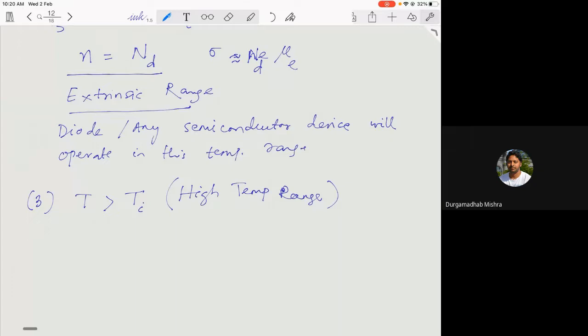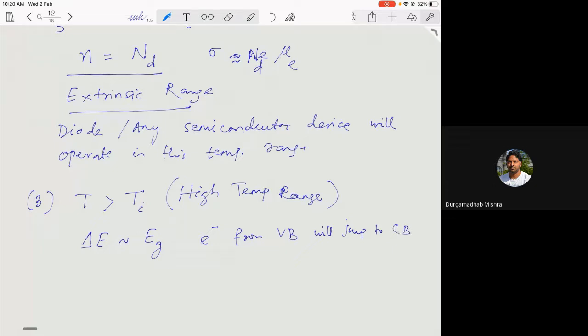That means this delta E term is equal to the band gap, and therefore electrons from the valence band will jump to the conduction band. Earlier it was not possible.